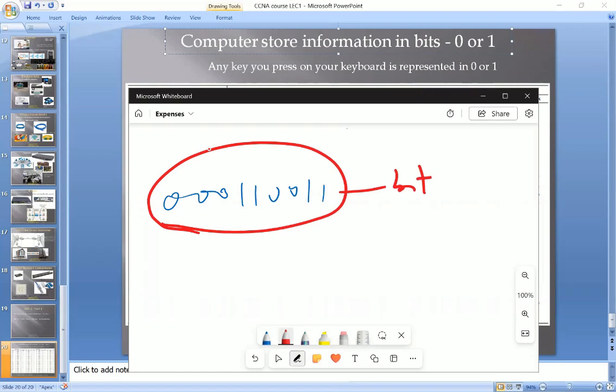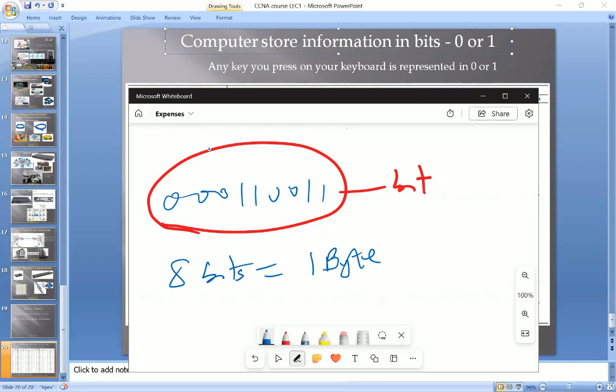we now say let 8 bits equal 1 byte. Sorry, I said 4 bits at first, but 8 bits equals 1 byte.